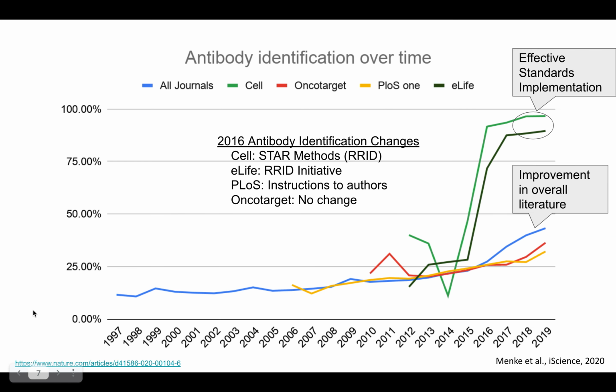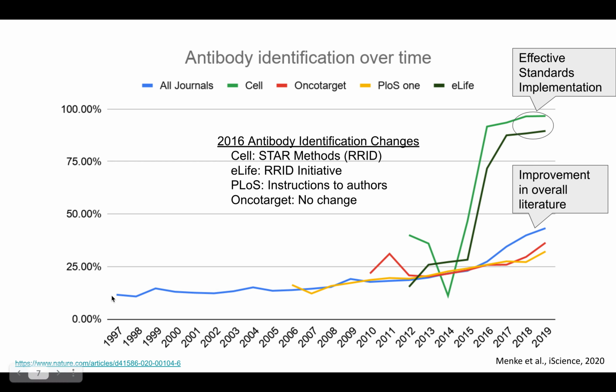So we looked across time, and this is a study of about 2 million papers. For these antibody-containing papers, there were about 360,000 of these. And we looked all the way back to 1997 and just found the percentage, essentially, of these antibody citations that were associated with a catalog number, which makes them findable again.